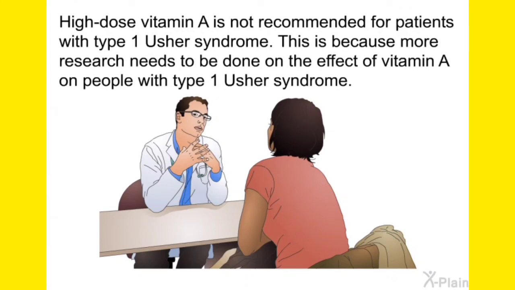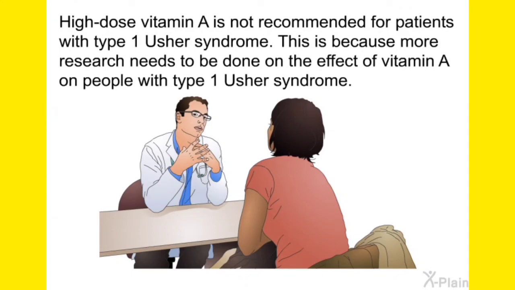But high dose of vitamin A is not recommended for patients with type 1 Usher syndrome. Remember, type 1 was the very severe one. And 95% of the people have type 1 and type 2, I already told you. So type 1 patients should not be given high dose of vitamin A. It is not recommended basically.